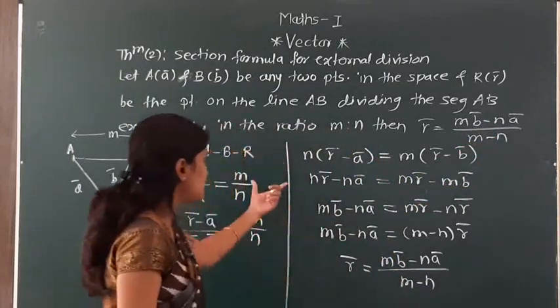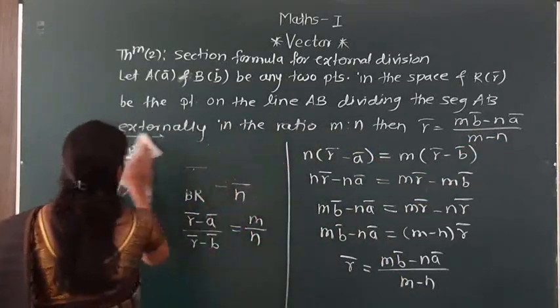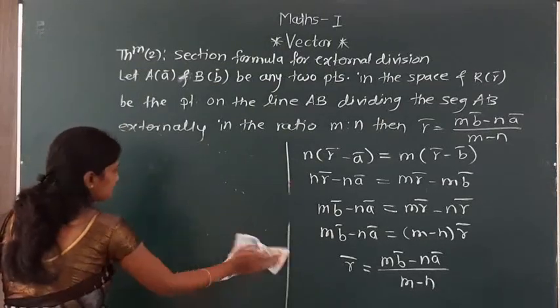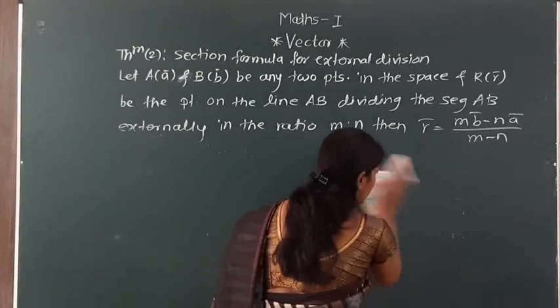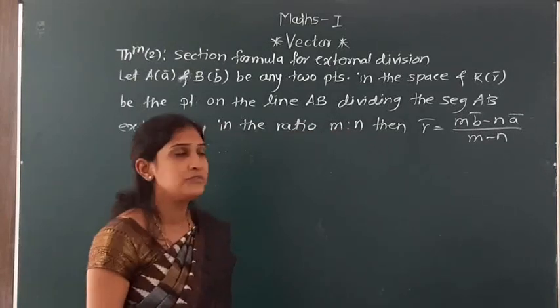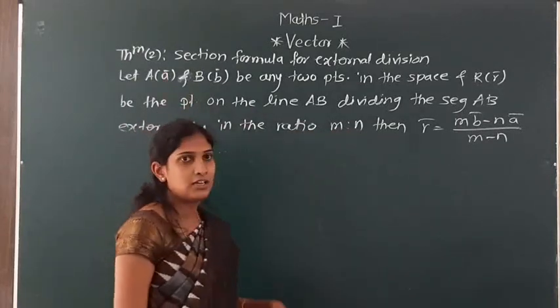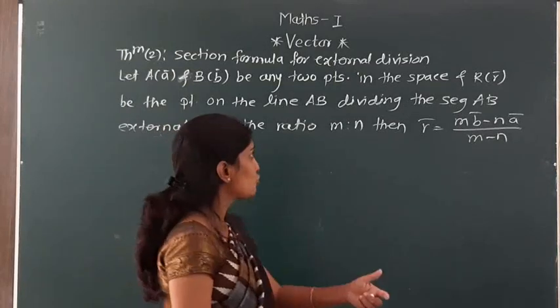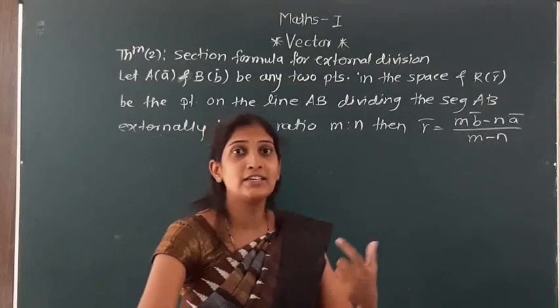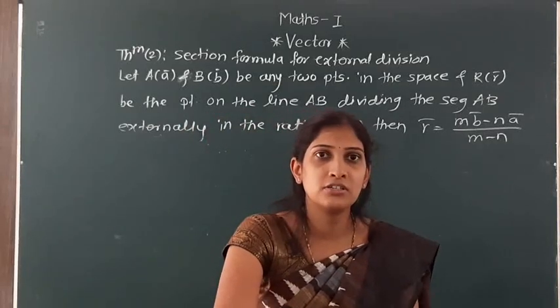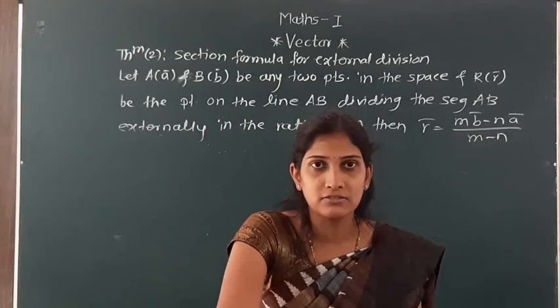Now some notes on this. In some examples, our given values are A and B, and they ask to find the value of m is to n. What is the ratio? Find the ratio in which the point divides the line segment.